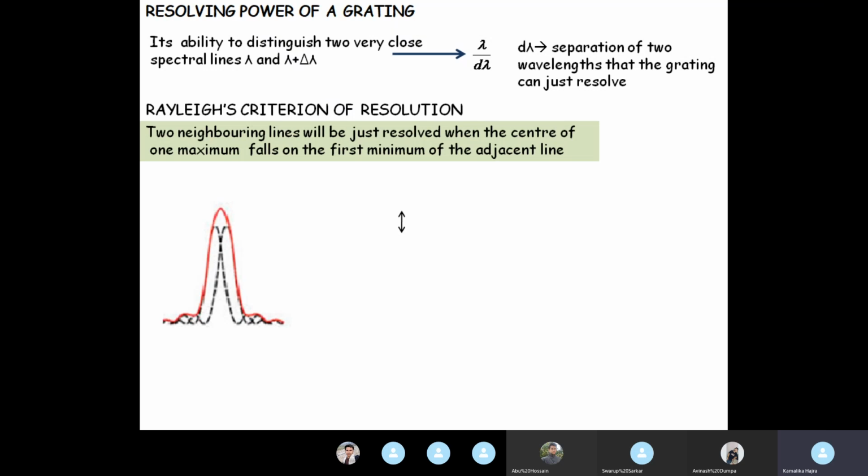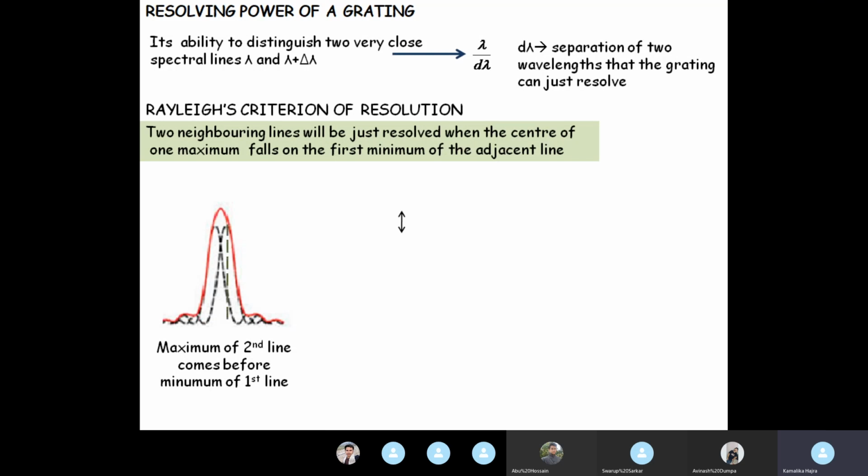First picture. These are the two lines. This is the typical spectrum intensity distribution of a particular line, and this is the intensity distribution of the other line. Say this is for lambda, and the other one is for lambda plus delta lambda. You can see that the maximum of the second line appears before the minimum of the first line.